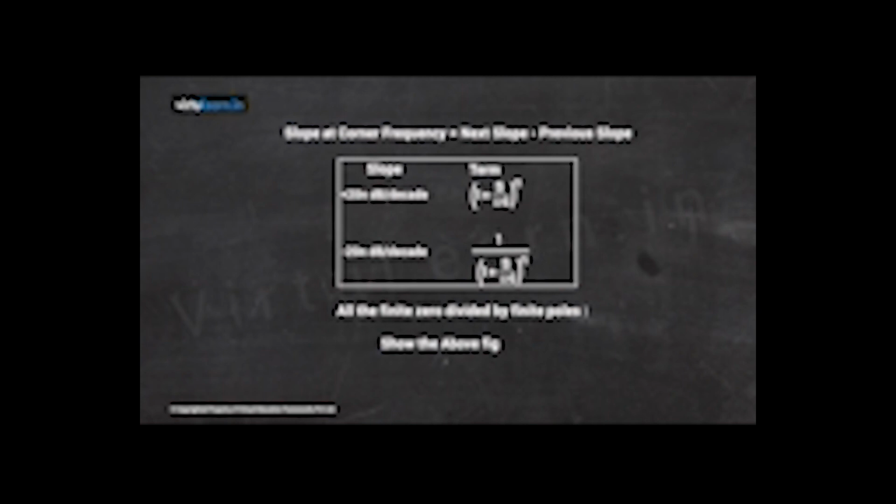So at each and every corner frequency, we can write it like this: for plus 20n dB per decade, we have (1 plus s by omega c) power n. Then if it is minus 20n dB per decade, it is going to be 1 divided by (1 plus s by omega c) power n. This way we can find out the corresponding terms for all the corner frequencies.